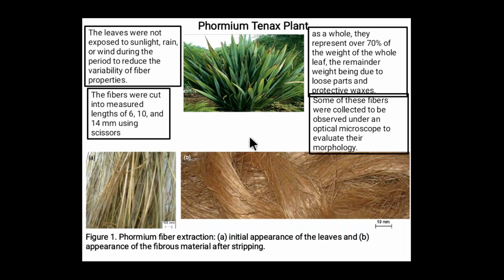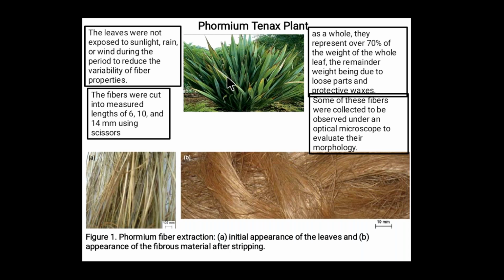The leaves were regularly observed. The fibers were then separated from the leaf by stripping as a whole. They represented over 70% of the weight of the whole leaf. The remainder of the weight was due to loosened parts and protective waxes.